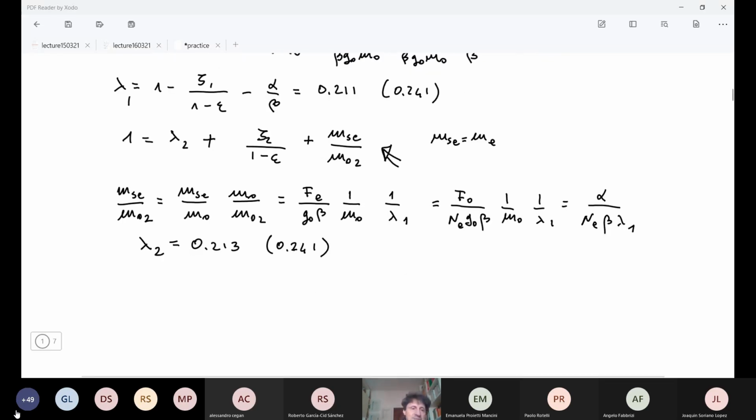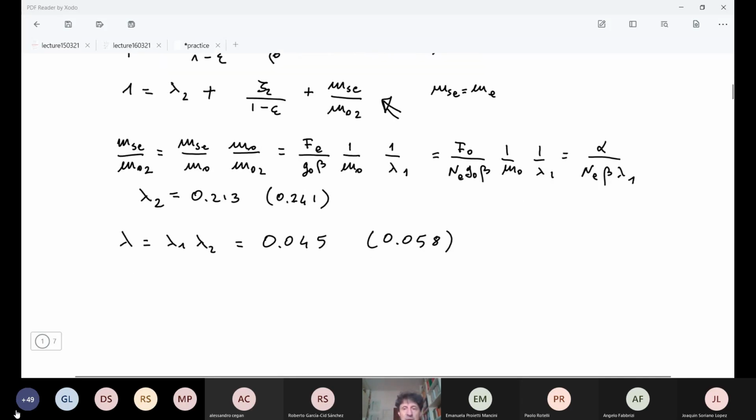So the overall lambda will be the product lambda 1 lambda 2, and so it will be 0.045 compared to 0.058. At this point we can calculate the acceleration given by the rocket, so without accounting for the gravity force.